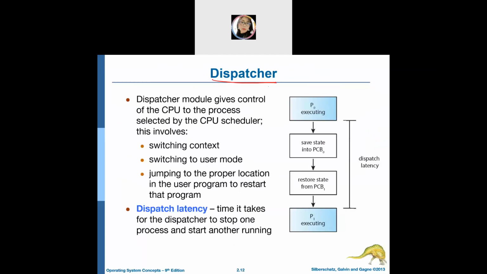Every single process, you can see, the dispatcher module gives control of the CPU to the process selected by the CPU scheduler. So what is the content here? Switching context, switching to user mode, jumping to the proper location in the user program to restart it, and so on.